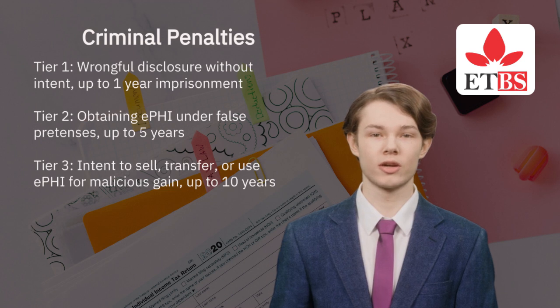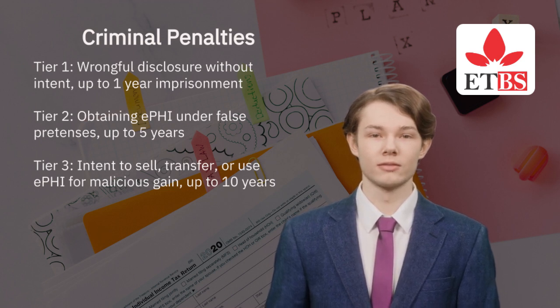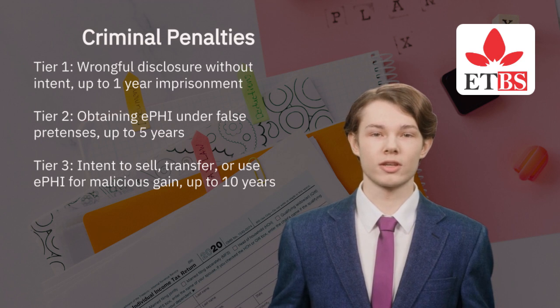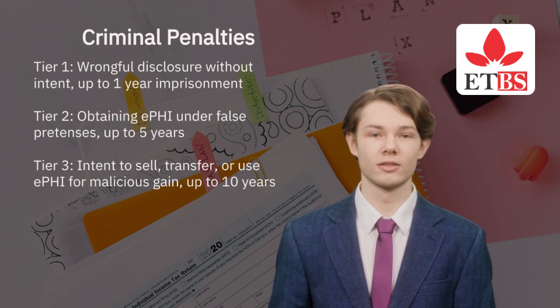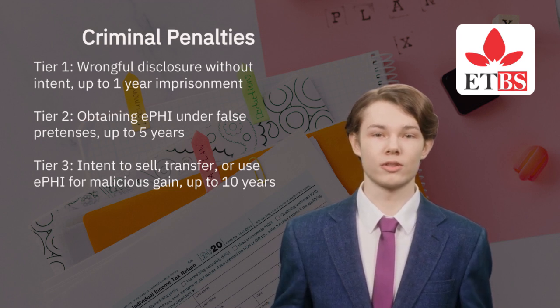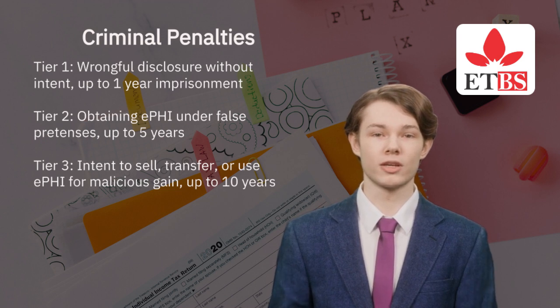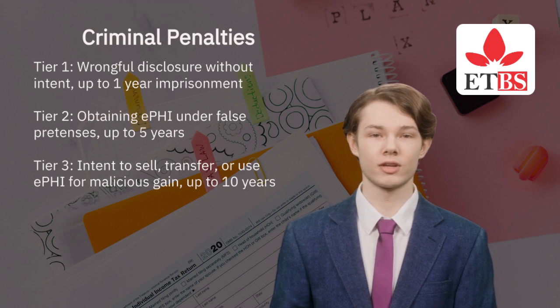3. Criminal penalties. Under HIPAA, the Department of Justice can prosecute individuals or organizations for willful violations. Penalties are based on intent and impact. Tier 1. Wrongful disclosure without intent, up to 1 year imprisonment. Tier 2. Obtaining EPHI under false pretenses, up to 5 years.